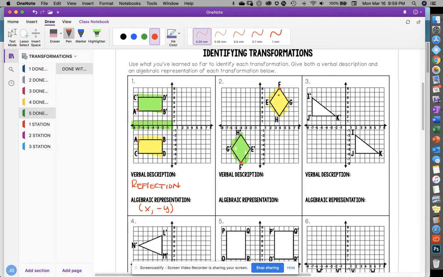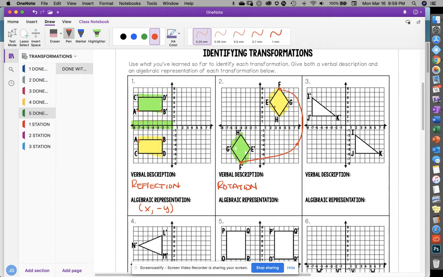So my F went from here, up here, to down here. So if I just follow the trail of the one vertex of F, I can see that I'm rotating it. It's turning. So we're going to definitely say that this is a rotation.